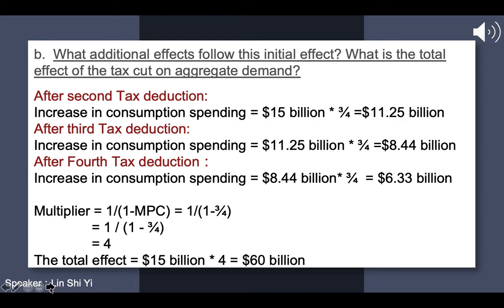Adding up all the rounds gives a total effect that depends on the multiplier, with a marginal propensity to consume of 3/4. According to the formula for calculating the multiplier, we can figure out that the multiplier is 4, and the total effect is $60 billion.